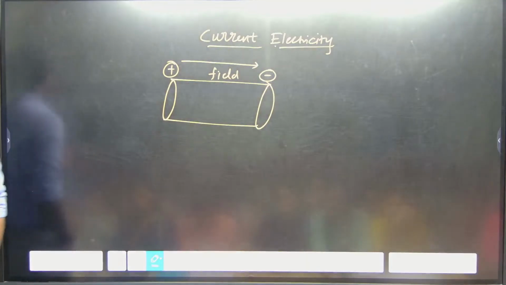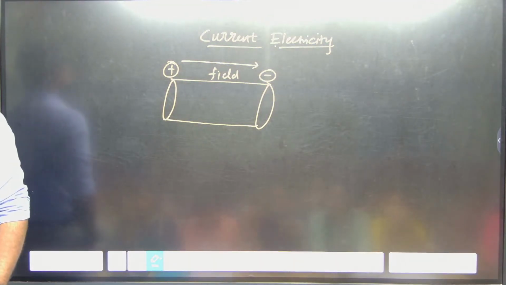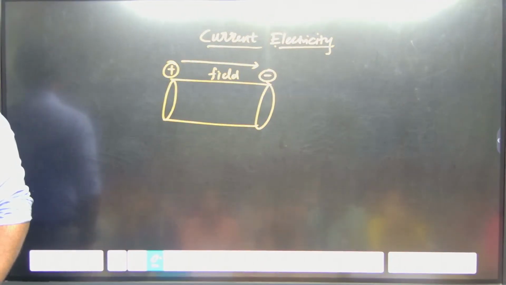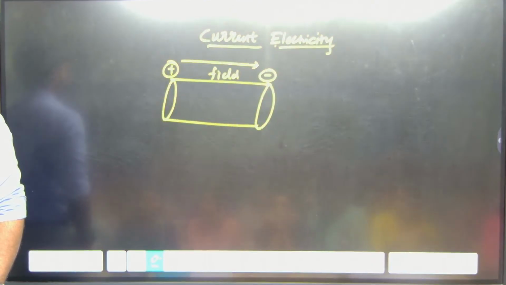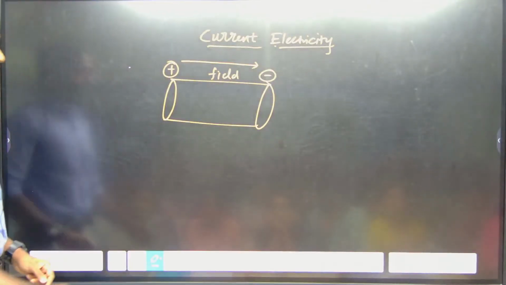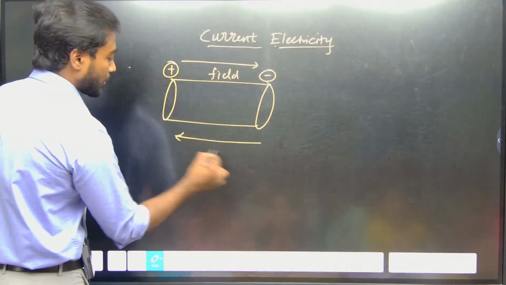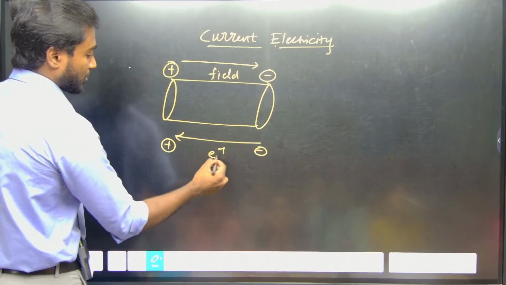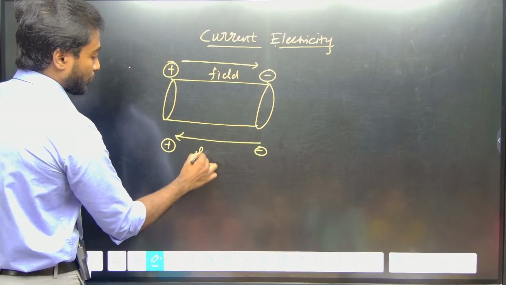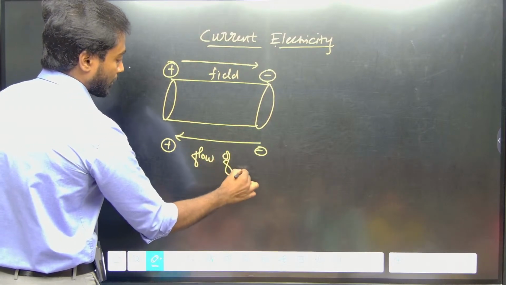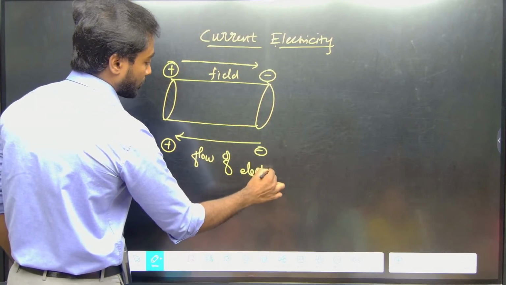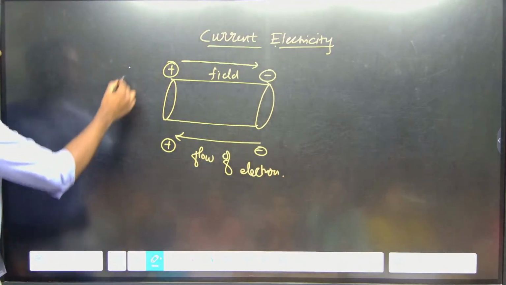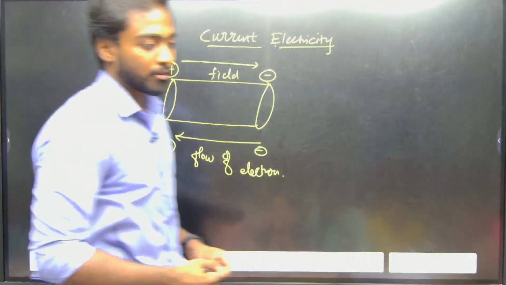This is what we have learned: electric field lines originate from positive and terminate at negative. But electrons flow from negative to positive. So this is flow of electrons. This is the first point in current electricity. Take down.